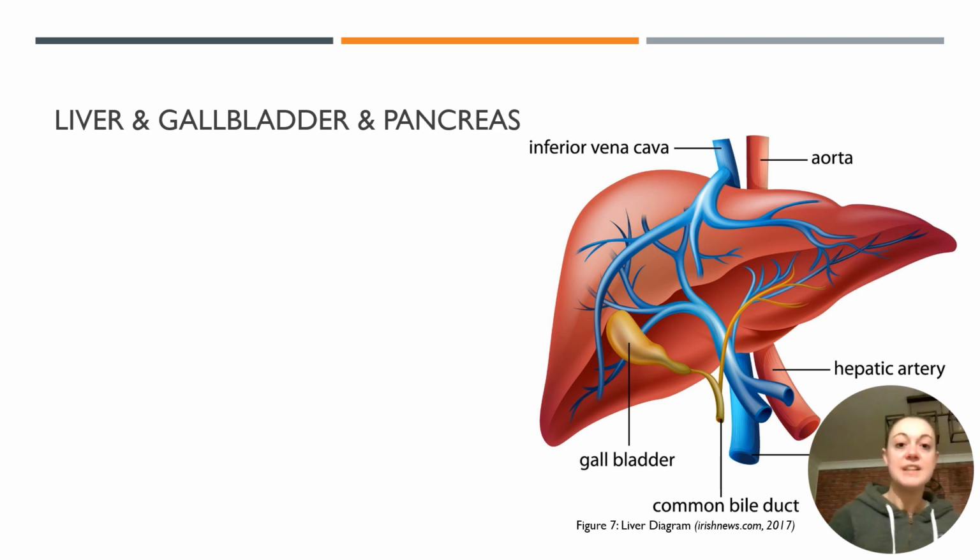The liver performs several important functions in the body, including filtering the blood to remove harmful substances, producing glucose through gluconeogenesis, and supporting digestion. As an accessory organ, the liver also produces bile, which is stored in the gallbladder and used to aid in the digestion of fats and oils.